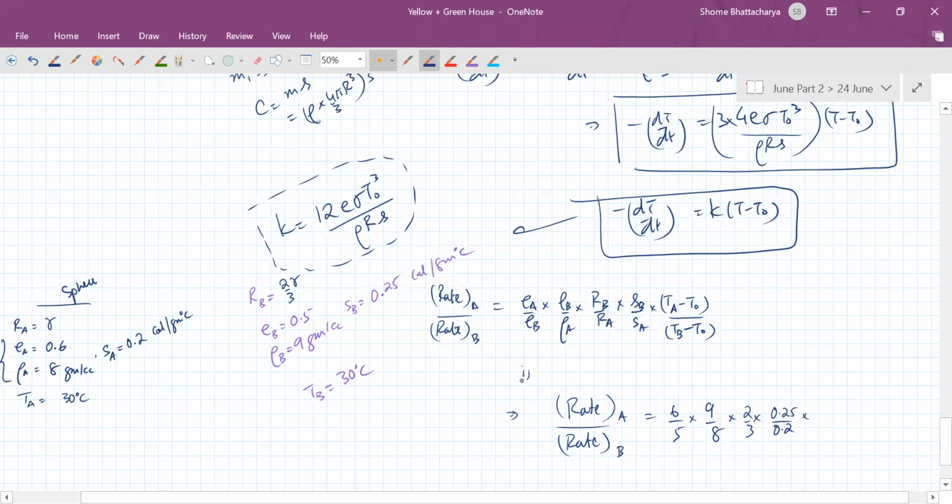Now for the first part, you're taking the temperature of B also as 303 Kelvin, so this ratio will be 1:1.